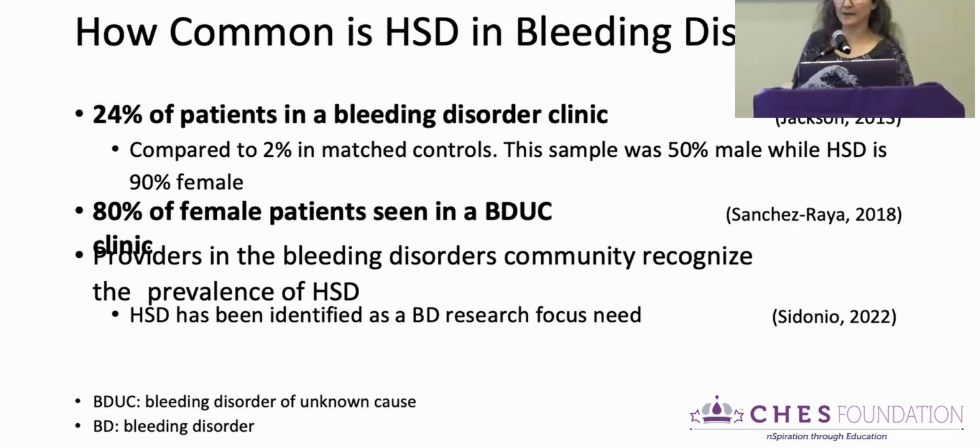In one clinic of bleeding disorder of unknown cause, BDUC, of the women, 80% were hypermobile. So we're talking about people like you. And even if you do have a known cause of a bleeding disorder, of von Willebrand's or hemophilia, hypermobility might make your symptoms worse. And that's what we're going to talk about today.